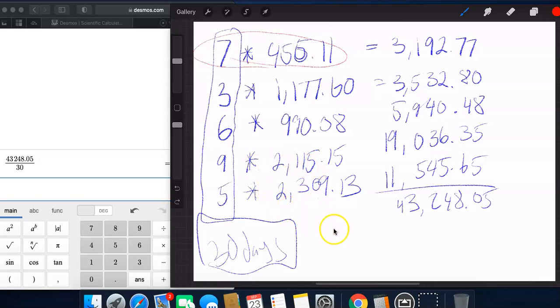It pulls the average down. And so again, that 43,248.05, we're going to divide that by 30, and we end up getting the $1,441.60.